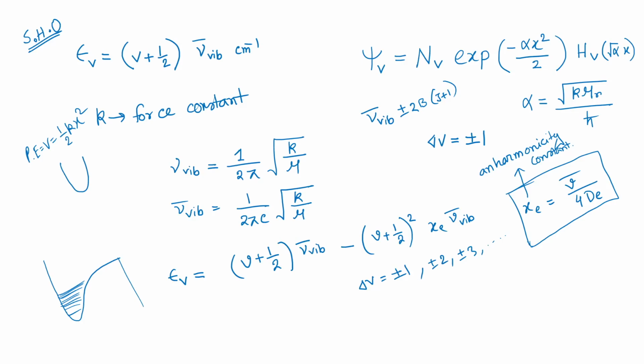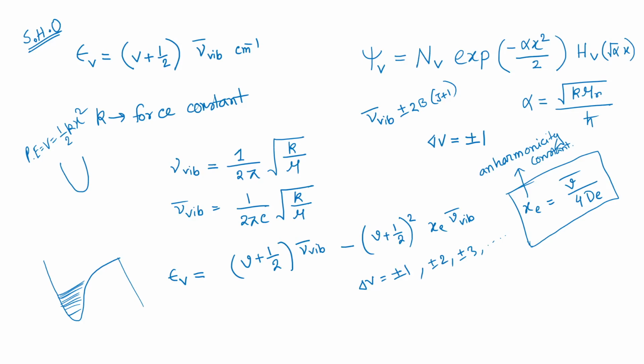You will get the idea from Banwell also. The hot band is the transition from V equals 1 to further levels, mostly V equals 1 to V equals 2. Why is it known as a hot band?